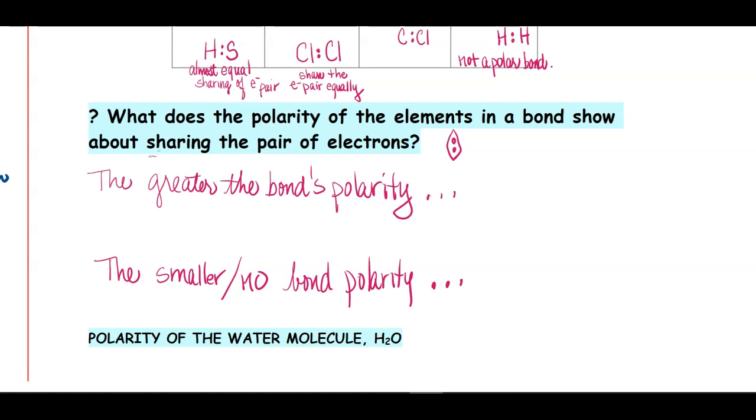And remember that sharing the pair of electrons is what the question is about. So the greater the bond's polarity, tell me about the sharing of the pair of electrons. And the smaller, or if there's no bond polarity, tell me what that means about the sharing of the electron pair.